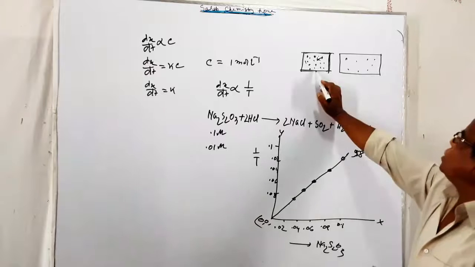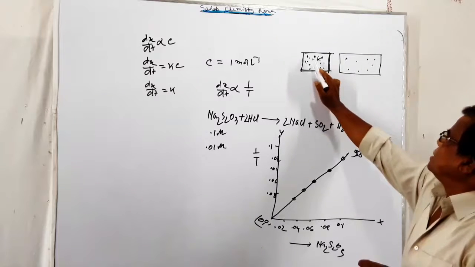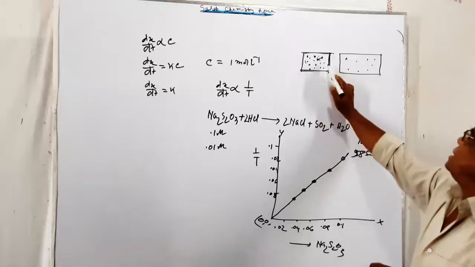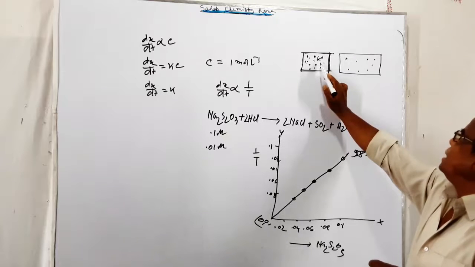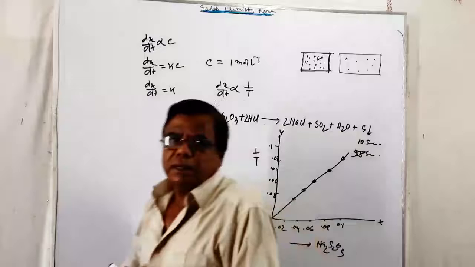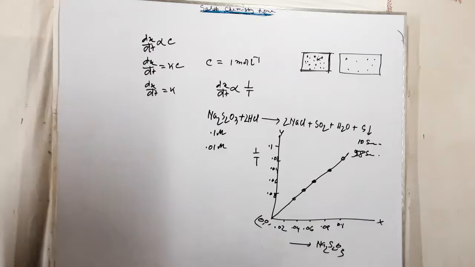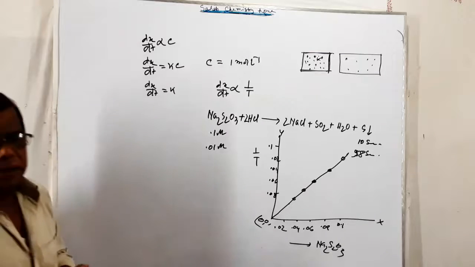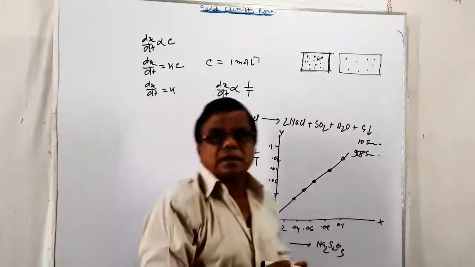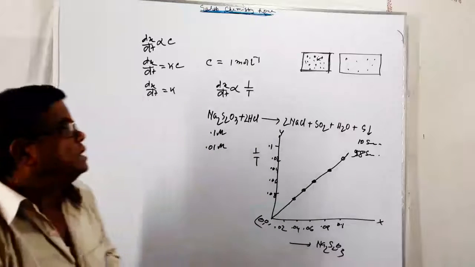And in a concentrated solution, the number of particles in a unit volume is high, and their number of collisions also increases, so their rate of reaction also increases. And that is the main reason that when the concentration of the reactant increases, the rate of the reaction also increases.